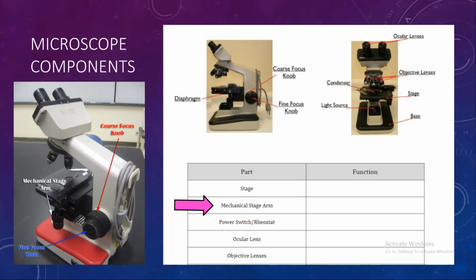For example, here, this is pointed out by the arrow, the word mechanical stage arm. This picture over here to the left is taken from the lab resources page. And then these were photos that were given both in my lecture PowerPoints and in your lab manual.